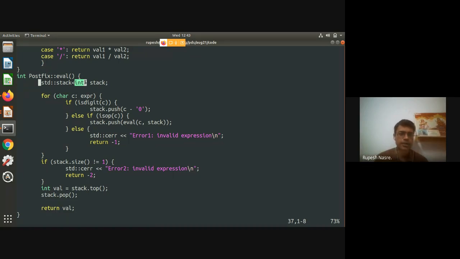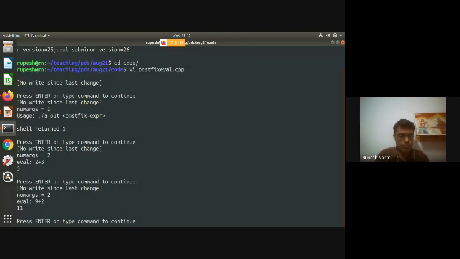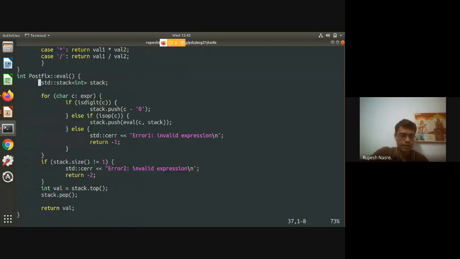The reason being that although I'm using digits, its value might turn out to be more than one character. For example, I just say 92 plus, right? So then the answer is not going to be a single character, it is going to be a double character. And therefore I thought that having it directly added to the stack is going to be useful.